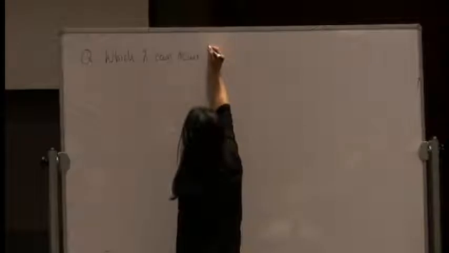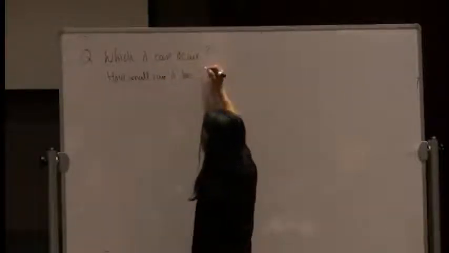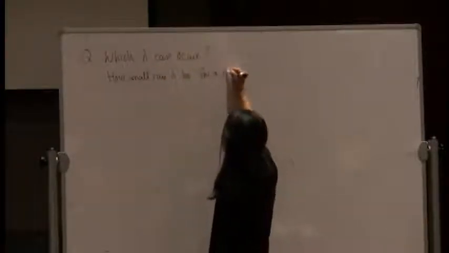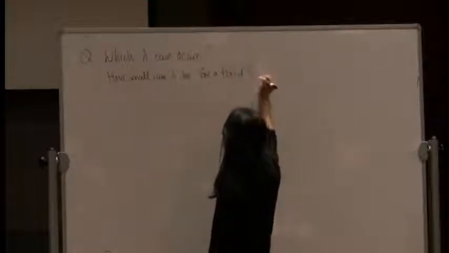So some questions: which lambda can occur? What are its properties? And how small can lambda be for a fixed surface?